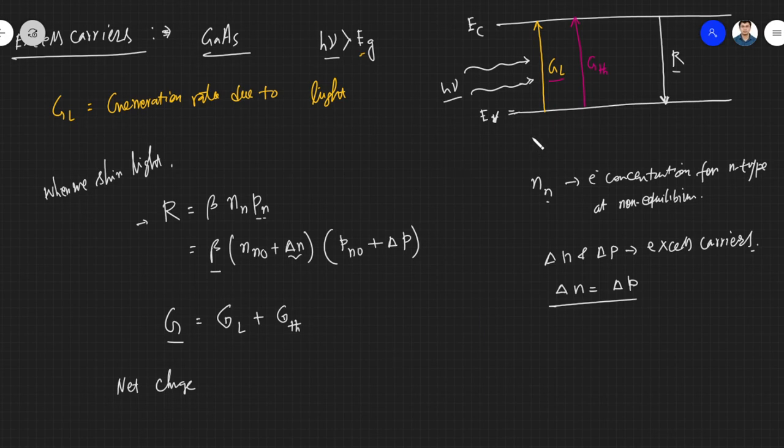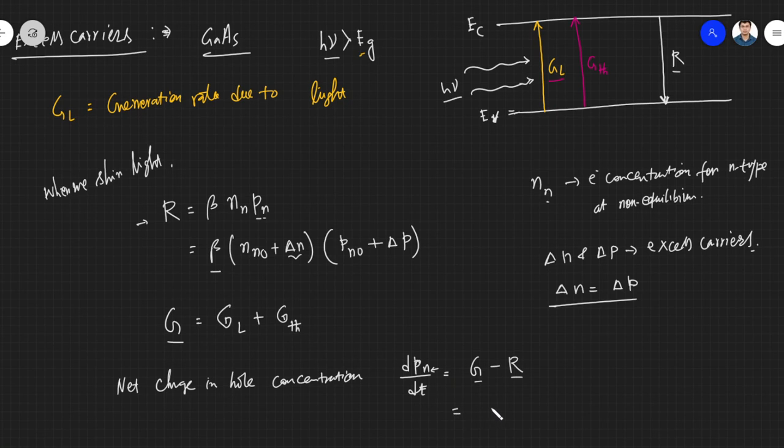So in this condition, if you want to calculate the net change in hole concentration, this is dPn/dt, the rate of change of hole concentration, and we are taking N-type semiconductor. This will be the generation rate, the total G, minus R, the recombination. If you subtract recombination rate from generation rate, we get the change in hole concentration.